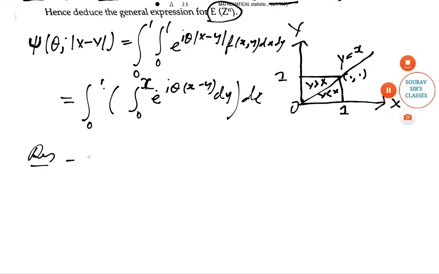So the answer would be 2 by (n plus 1)(n plus 2). So this is going to be the answer, 2 by (n plus 1) into (n plus 2).